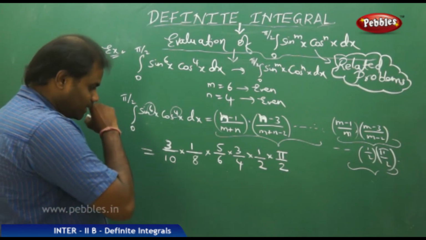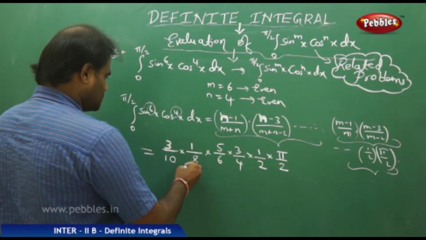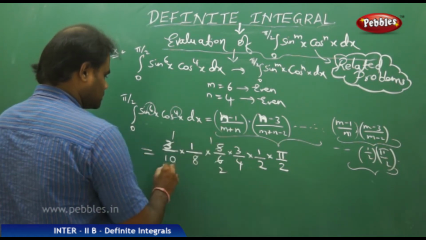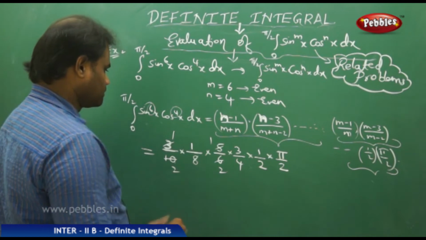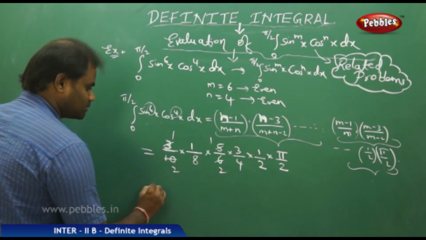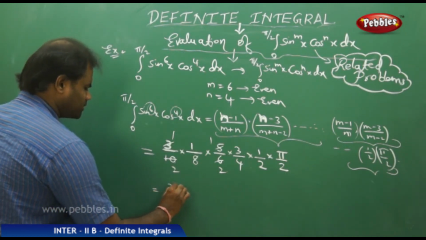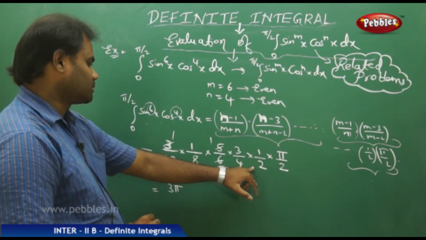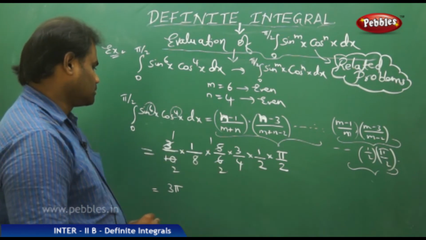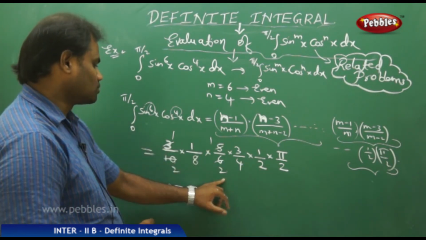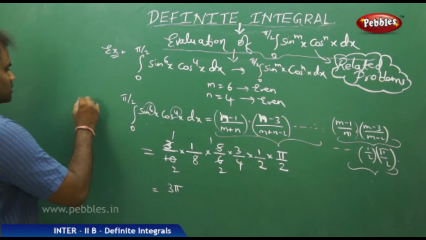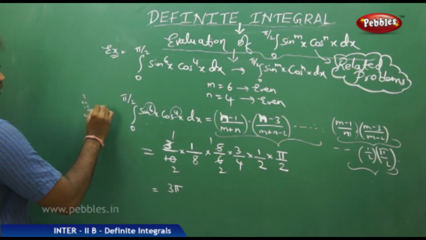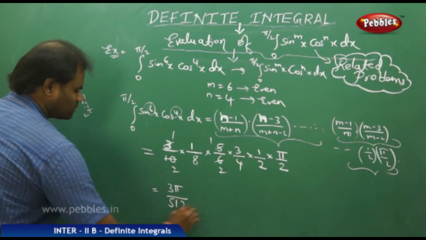This on simplification gives us the whole of 3 1s are 3, 3 2s are 6, 5 1s are 5, 5 2s are 10 is what we get. Therefore, this on simplification gives 3 pi by 4, 2s are 8, 8 2s are 16, 16 2s are 32, 32 2s are 64, times 8, 6 8s are 48, 512.